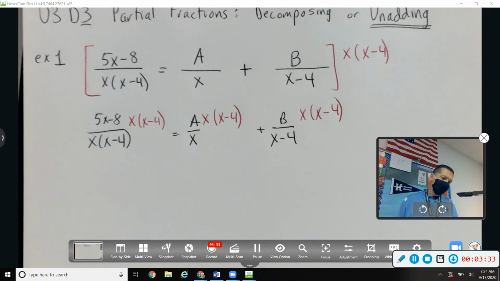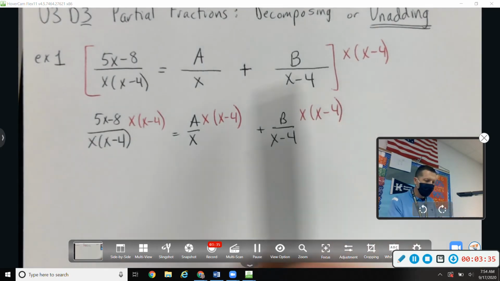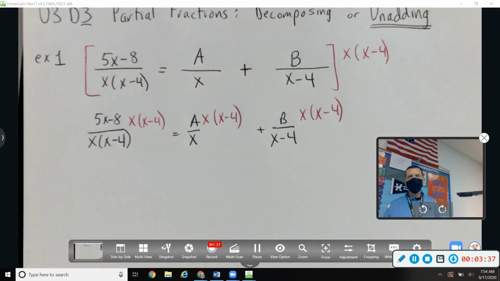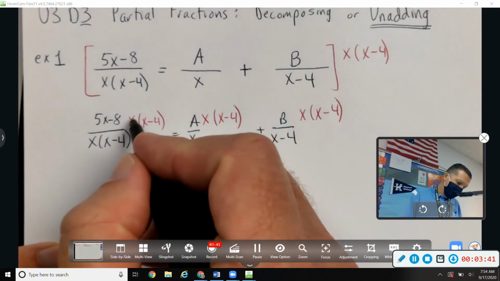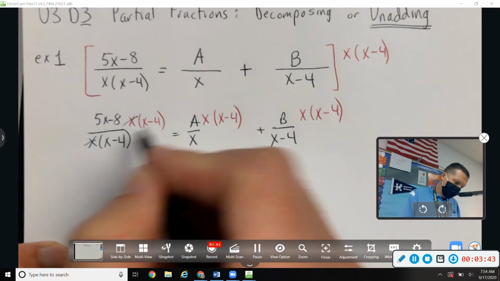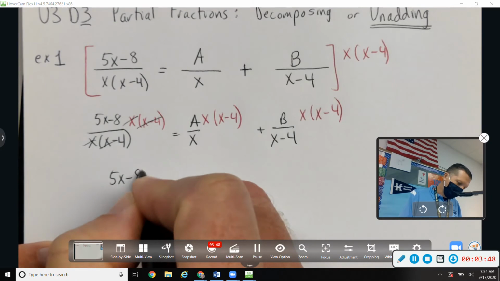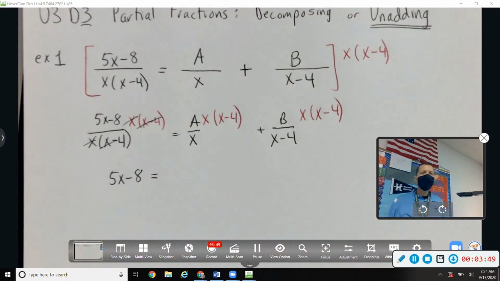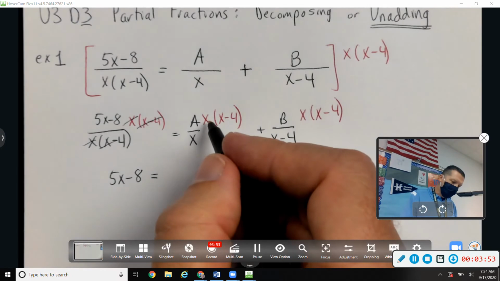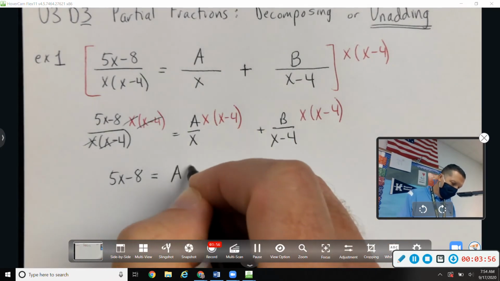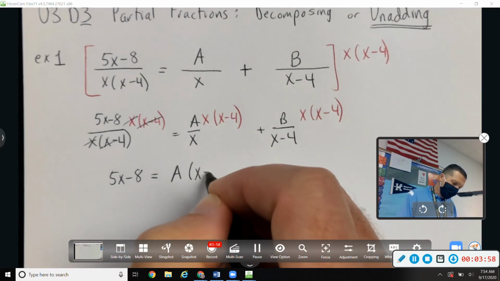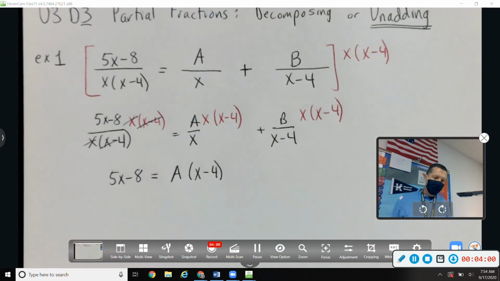All right, so the reason we multiplied by the common denominator was that all our denominators should go away now. So on the left-hand side, the x's cancel, the x minus 4's cancel, and we're left with just 5x minus 8. On the A term, the x's cancel, and so that just leaves us with A times x minus 4.